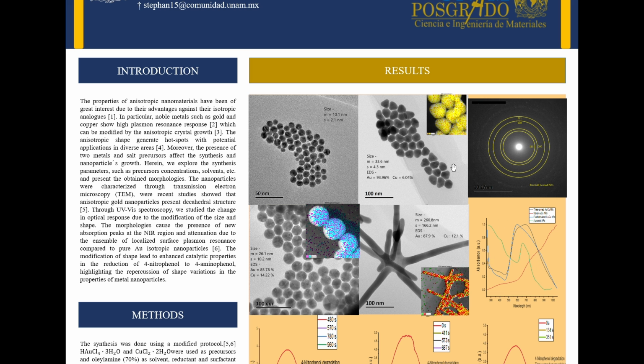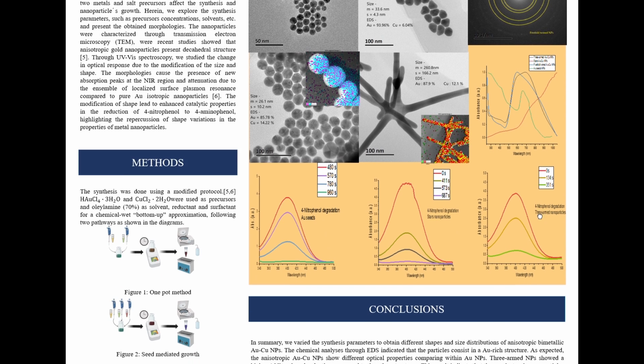After we characterized the morphologies and the plasmon resonance response, we tested them on a 4-nitrophenol degradation. We show here the gold seeds activity, the star nanoparticles activity, and the 3-arm nanoparticles activity.